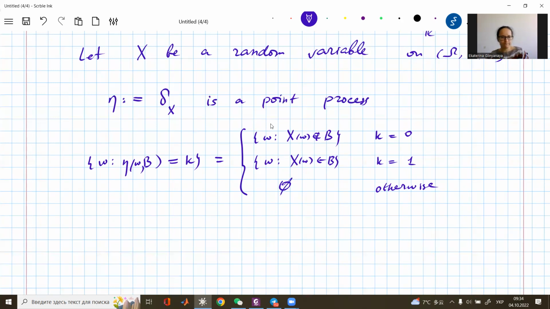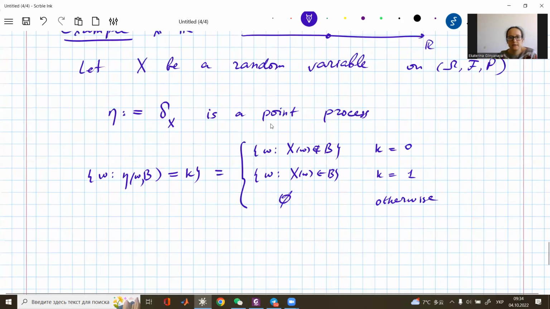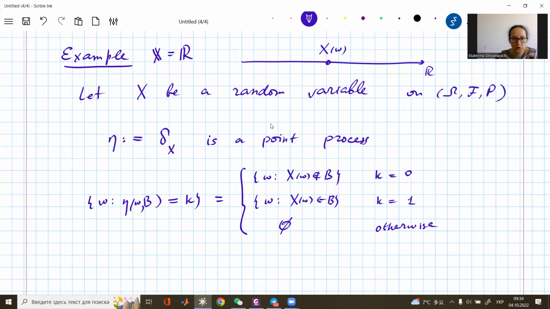Otherwise, the value cannot be bigger than 1. And obviously, since we know that x is a random variable, this assumes that such a subset belongs to the sigma field F by the definition. I recalled this definition of a random variable at the beginning.